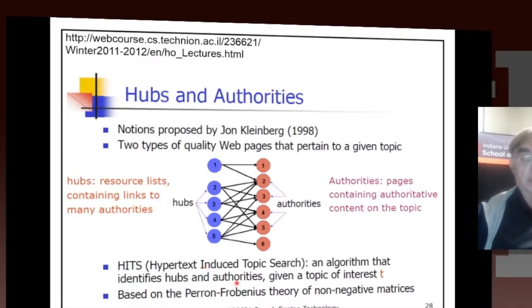HITS was an early technology which took a topic and found you hubs and authorities. That's an example of data analytics, and modern search engines have such data analytics. We won't discuss HITS, but we'll touch on related ideas later on in this unit.